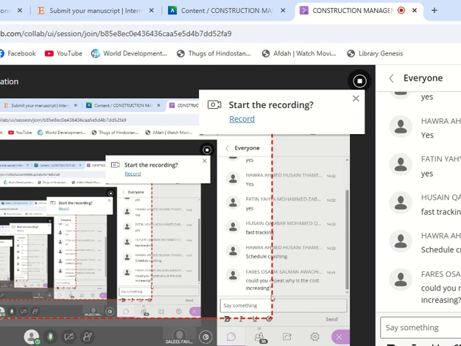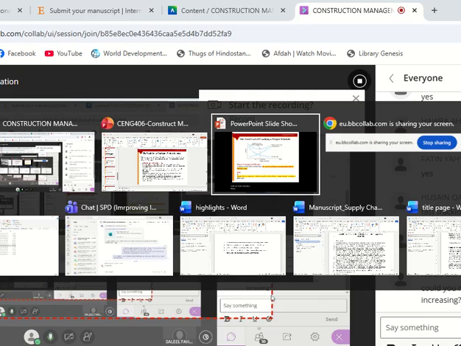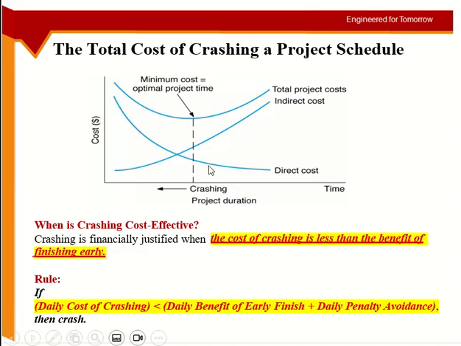Which cost? Okay, the direct cost is increasing. The direct cost is increasing because you are hiring extra labor, extra equipment to do the job faster. Okay, so the direct cost is increasing. The indirect cost is linked to the number of days you are working on the project. So when you are working on the project for 10 days, you have office cost, electricity cost, water cost, internet cost for 10 days.